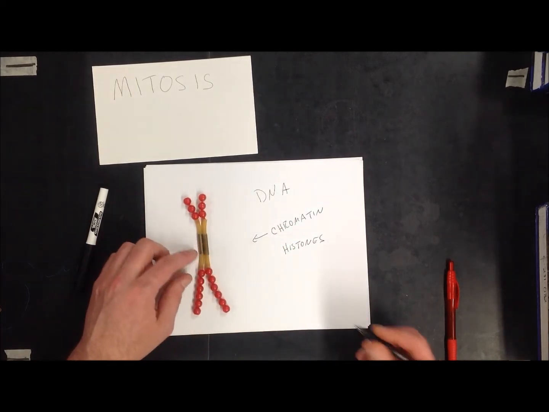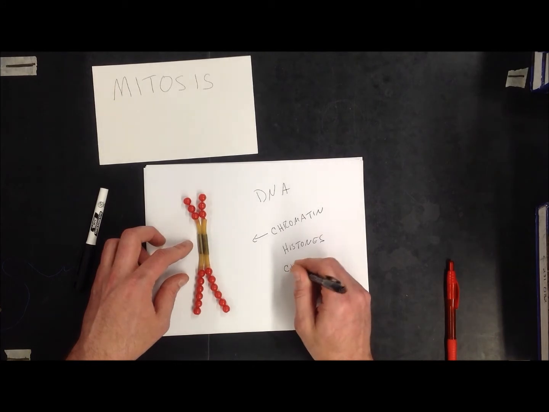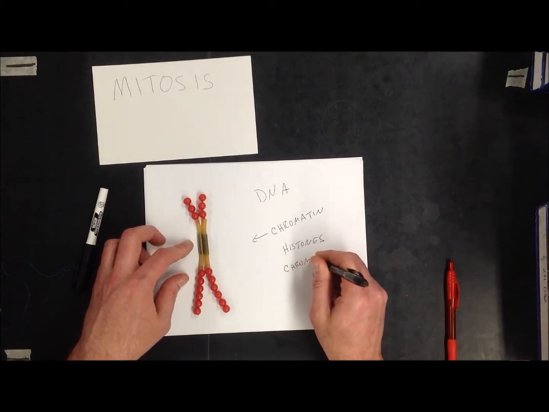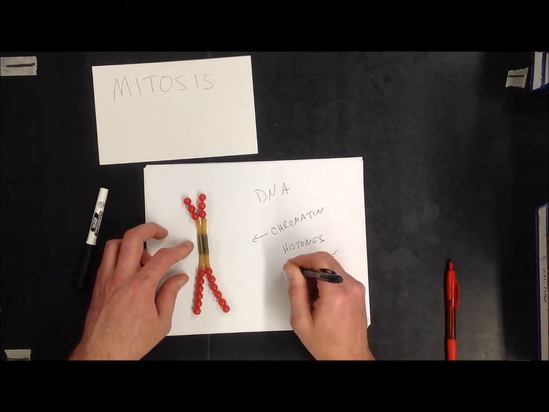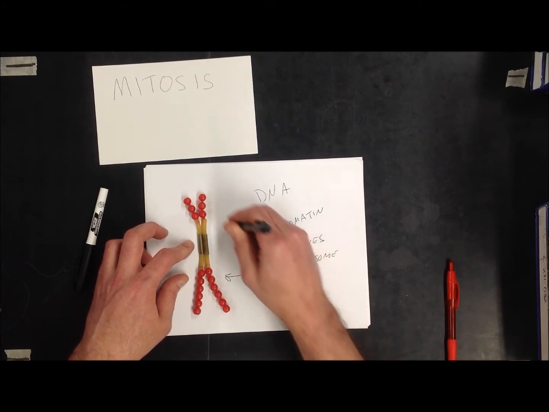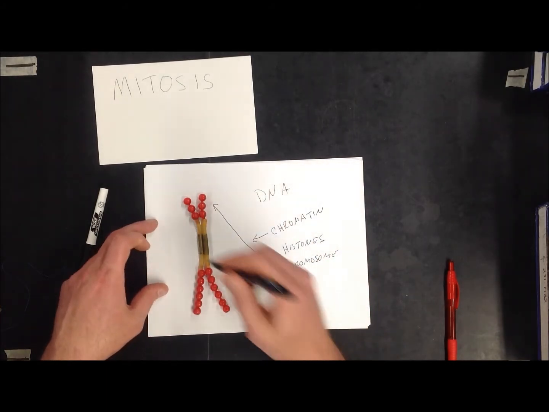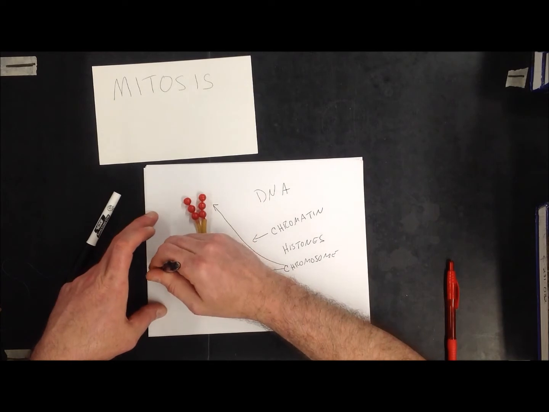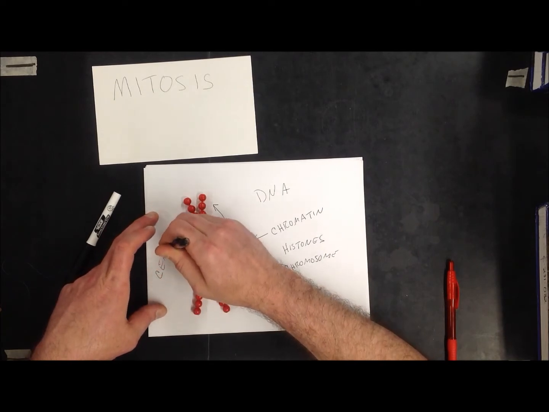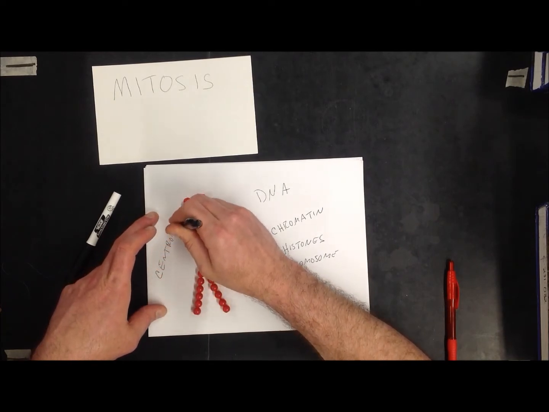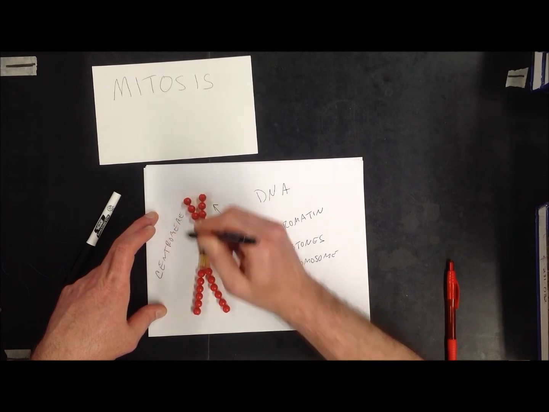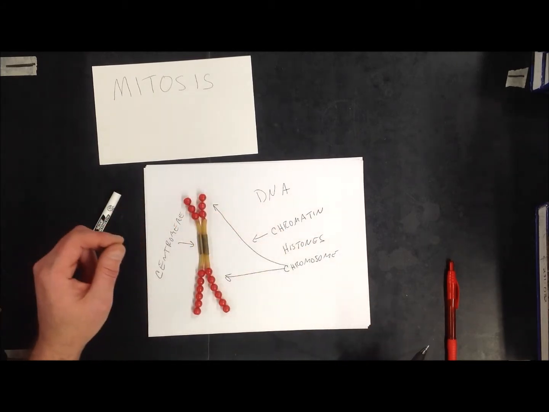So this would be called a chromosome. And this thing in the center here is the centromere. That's an R there. That is the centromere.